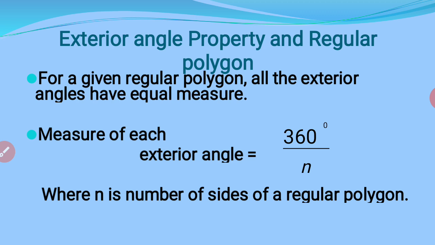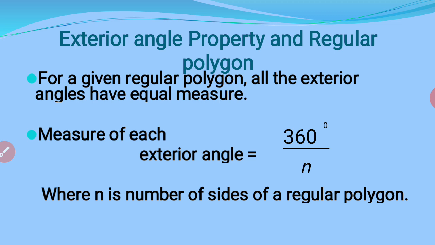Now we come upon a very small formula for finding the measure of each exterior angle. It is always equal to 360 divided by n, for n as the number of sides of a regular polygon. This formula holds true for regular polygons only.